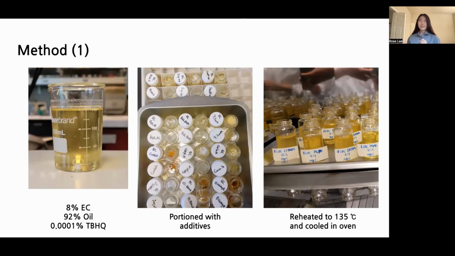In a vial, there are 13 grams of oleogel. We need about 4% additive, so we add 0.52 grams of additive in each vial. After that, we reheat them in an oven and invert them a few times to mix properly. Then we turn off the oven and cool them slowly inside the oven.